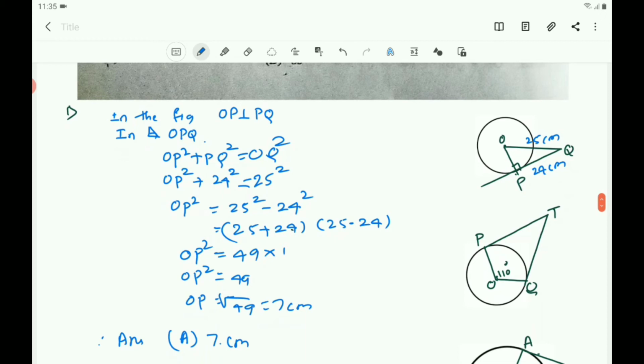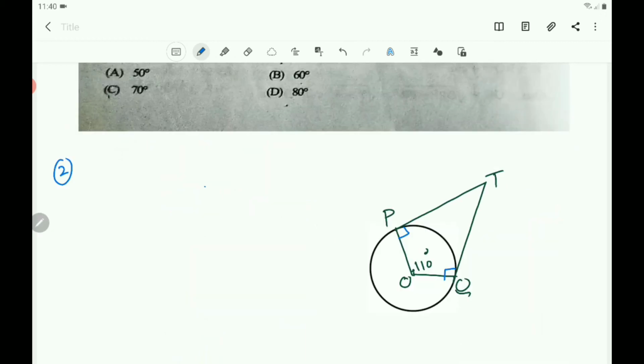Now you take the figure. In the figure you write, angle P equals 90 degree and angle Q equals 90 degree.